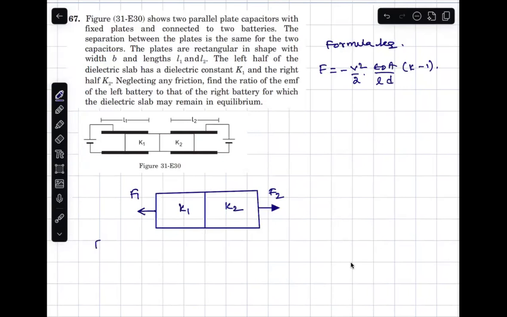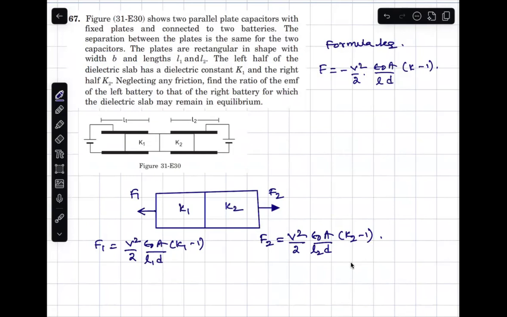Can you please help me in writing F1? F1 is nothing but V square by 2, magnitude only, epsilon naught A by L1D into K1 minus 1. What about F2? F2 is V square by 2 epsilon naught A by L2D into K2 minus 1. Honestly, say yes or no for this.